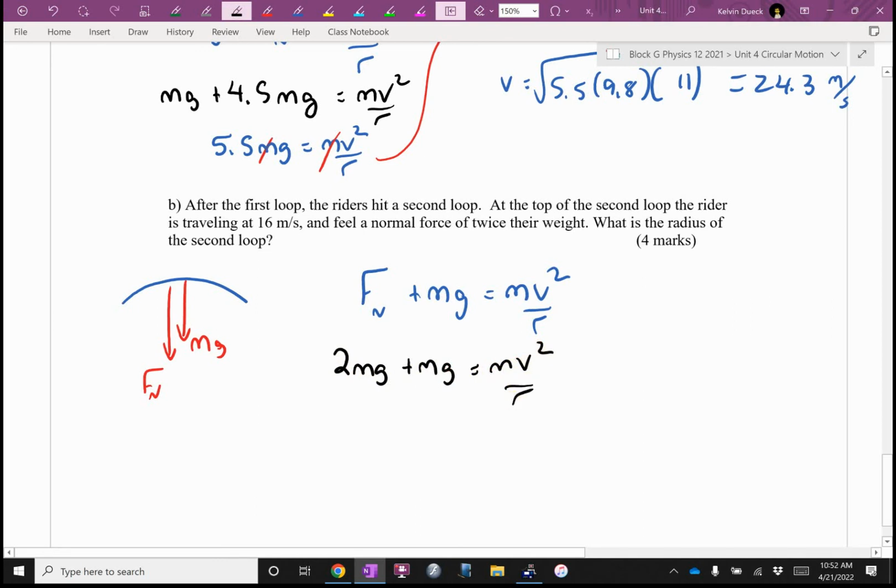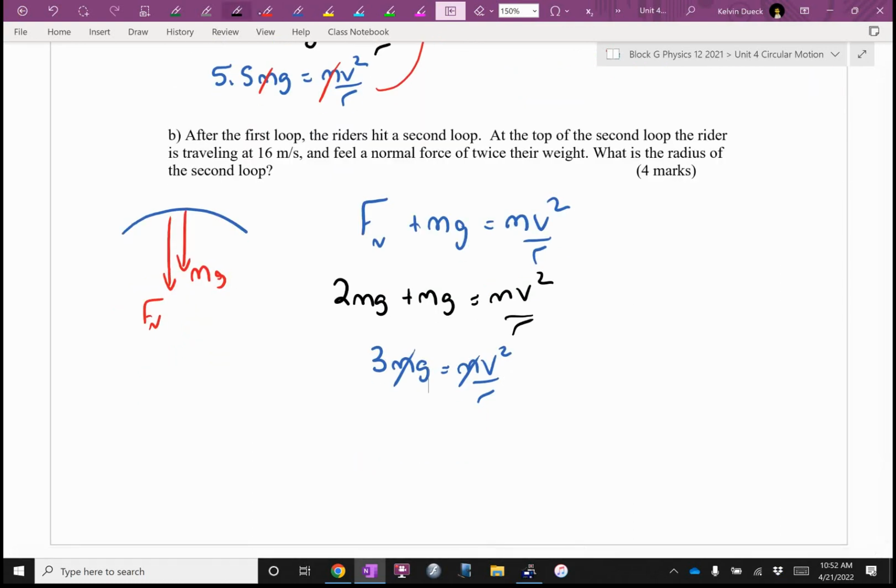And you could cancel out the m's on this line if you wanted to, or you could say, you know what? That's 3 mg's equals mv squared over r, but regardless, the m cancels. They want me to find the r. Where is the r right now? Stuff moves diagonally. This is 1 fraction equals 1 fraction.